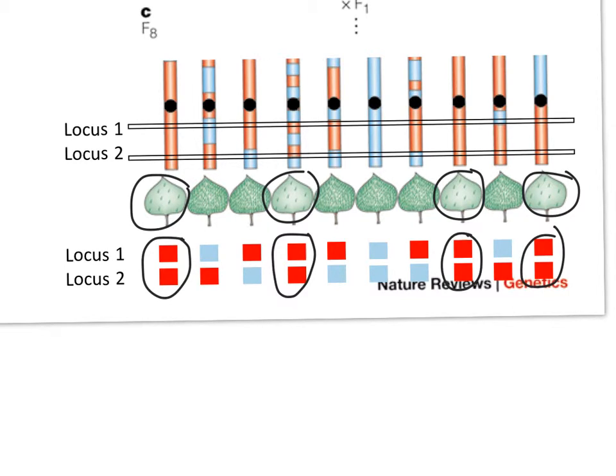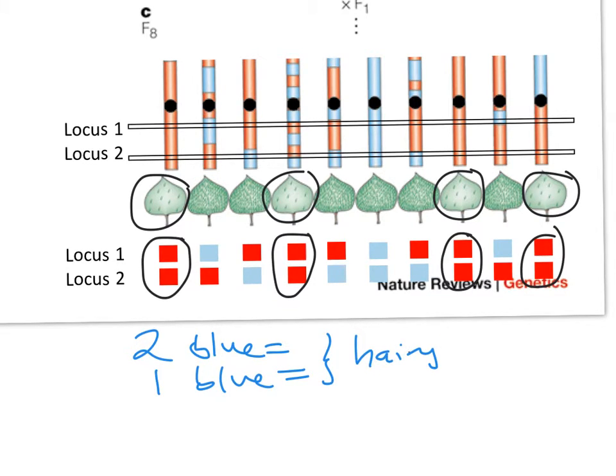Would you say that blue is dominant? So, yeah, every individual that's got a hairy leaf has at least one blue allele, at least one blue gene. So that suggests that you have to have two blue alleles or one blue allele at one gene to get hairy leaves. So that does tell you something about the dominance of the trait.